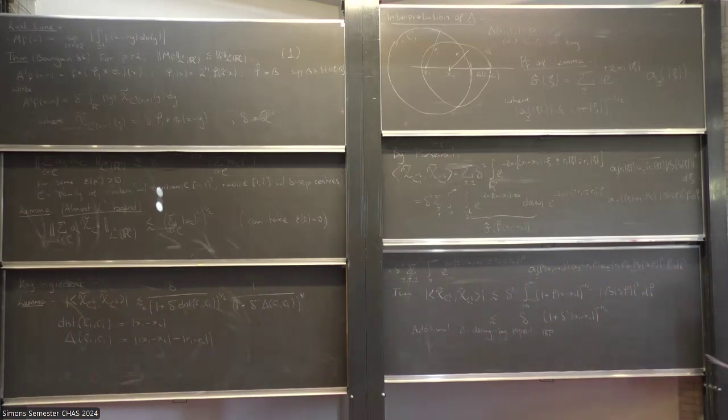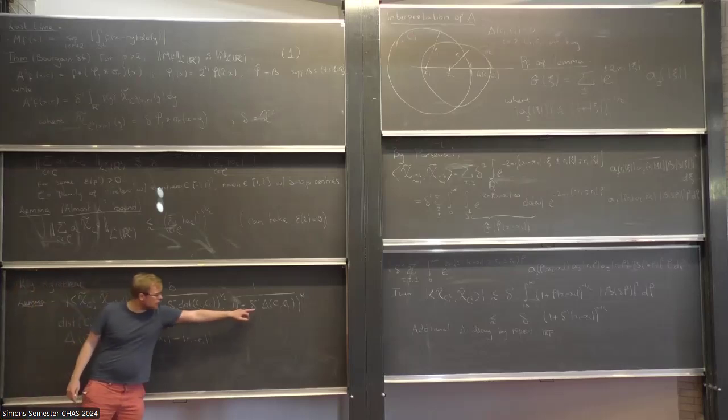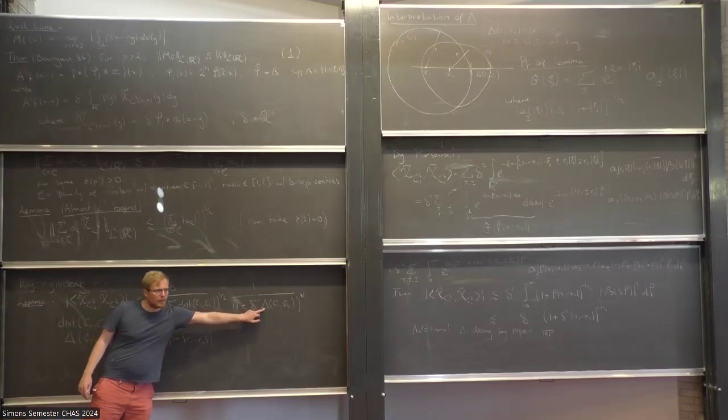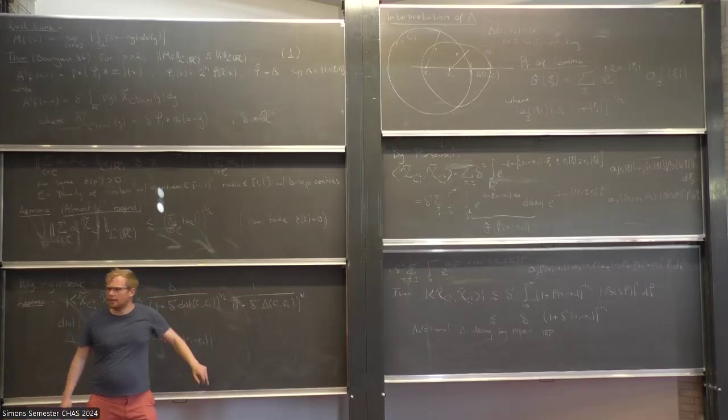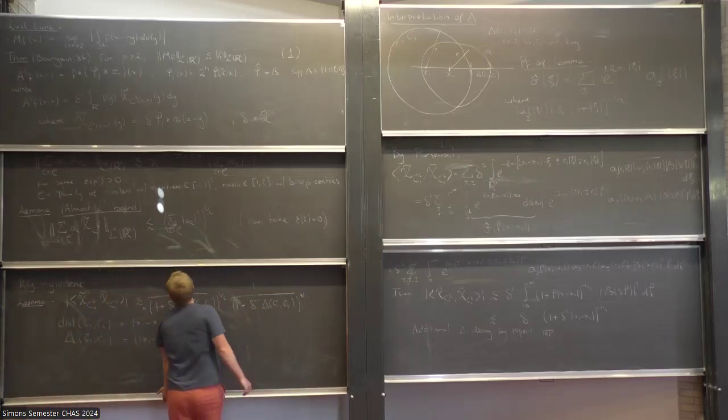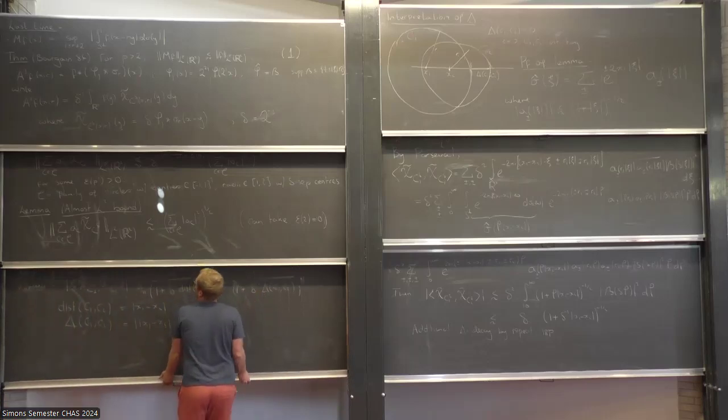So this lemma is telling us that we're in a really good situation whenever our circles intersect transversely. Because if they intersect transversely, then this delta quantity will be large, and then we get absolutely loads of decay. It really isolates the tangent circles in a very strong sense.